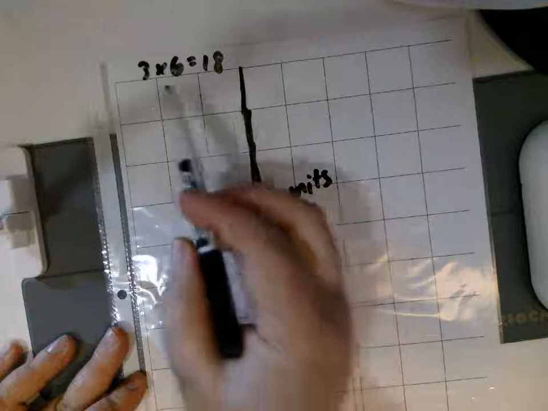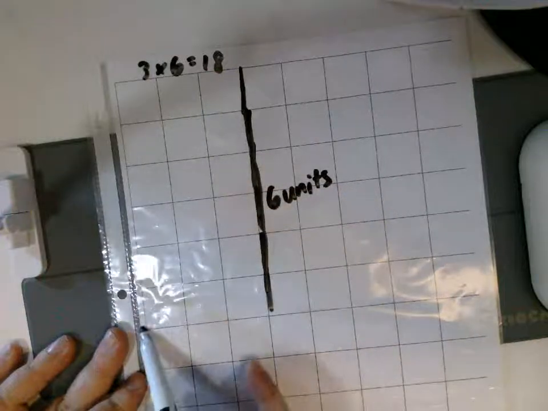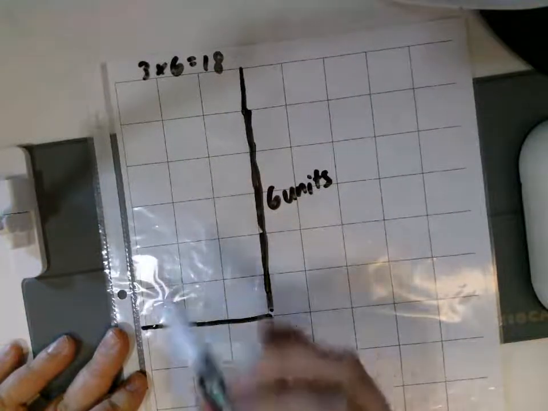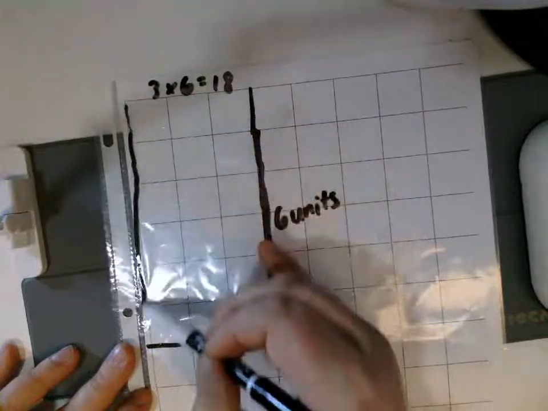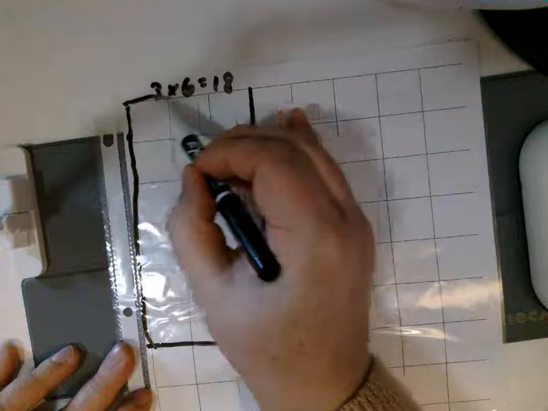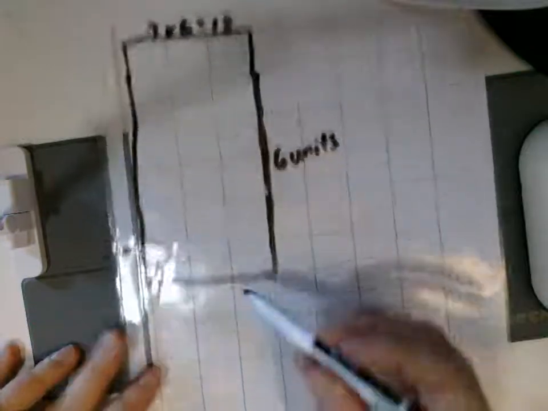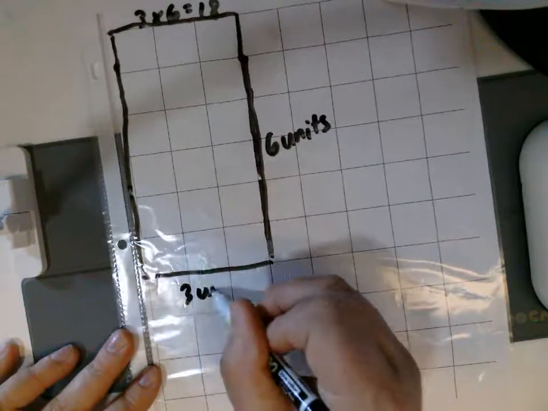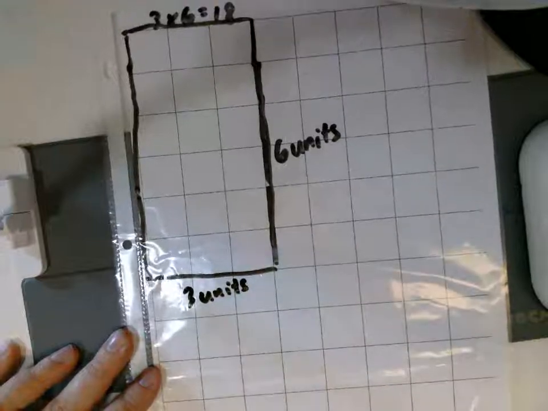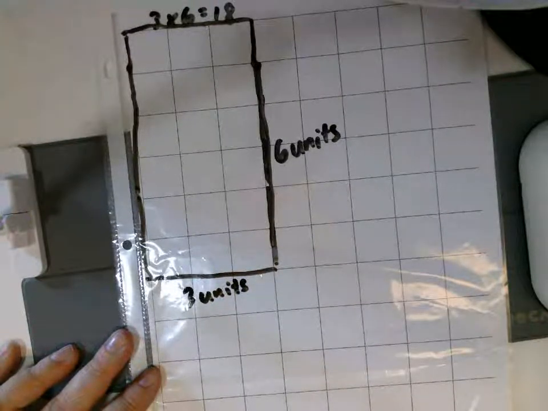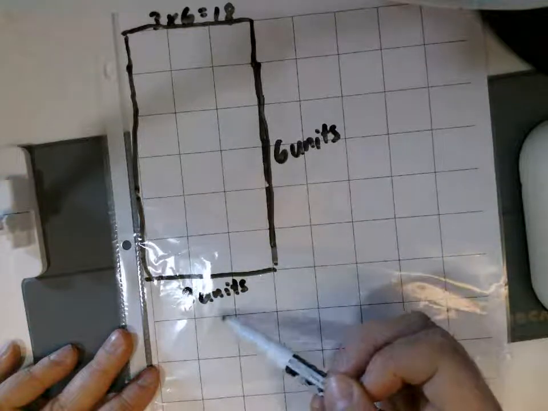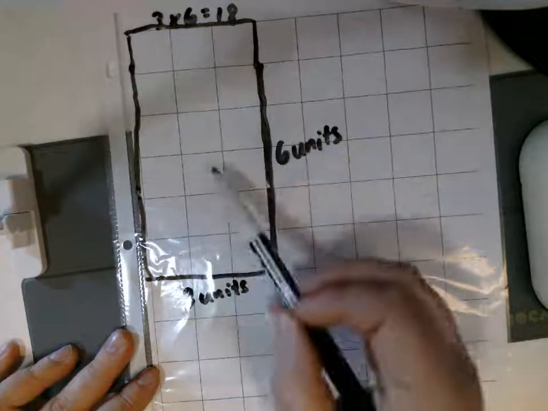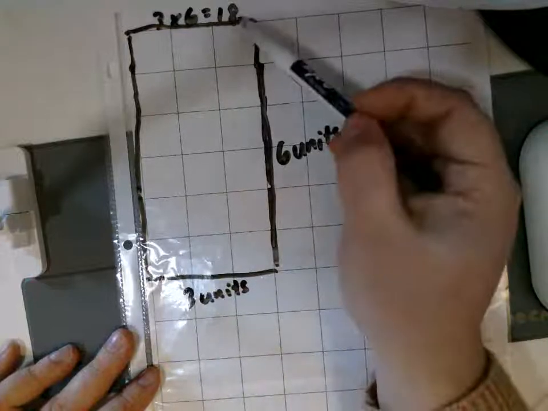Okay, now the other number we have in our problem is 3. So that will be the other side. And we're going to just connect this all together because this is going to be the whole. We've been talking about wholes when we use decimals. Okay, so this is 3 units. Okay, so if we have 6 units and 3 units, we know that the whole inside of the whole is going to be our answer.